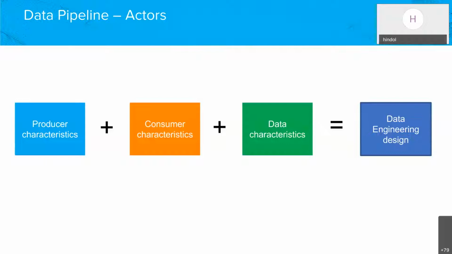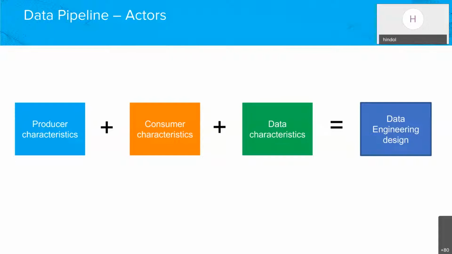Data is produced in an organization somewhere. It can be a CRM system, it can be an app, it can be a machine, it can be a human being entering data. So we need to understand the ways in which data is produced, and the way that data is produced has an implication on how we create our data engineering design.